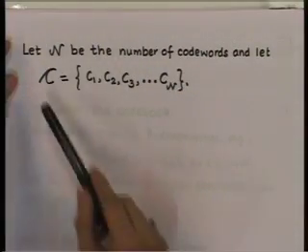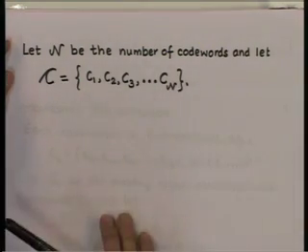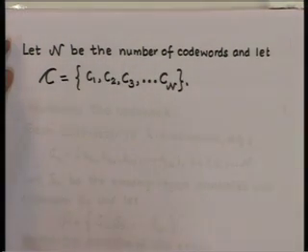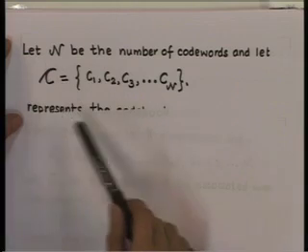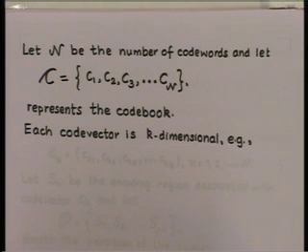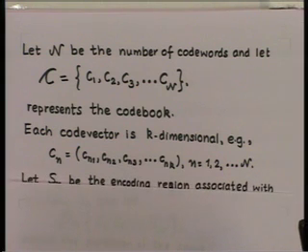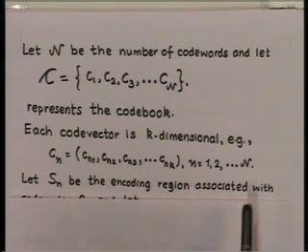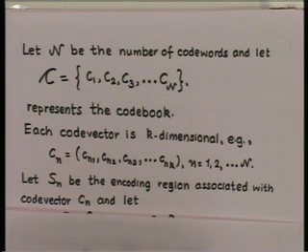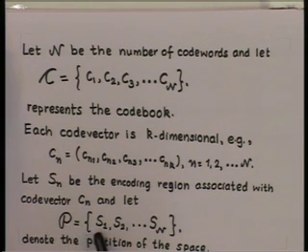Let n be the number of code words and let C denote the set consisting of the different code vectors or code words. So, C represents the codebook. Now, each code vector is k dimensional, given as shown here, and let S_n be the encoding region associated with code vector C_n, and let P be the set consisting of these encoding regions.